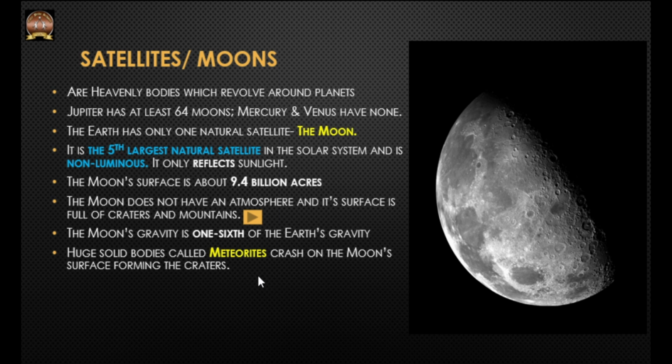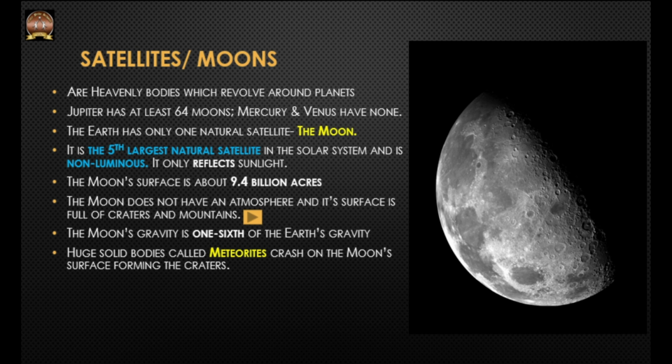Now, while craters were quite common on the Earth's surface too, the processes of plate tectonics, about which we learned in the last video, as well as the processes of volcanic eruptions, cover up all evidences of these events, and therefore we do not see as many craters on the Earth's surface.